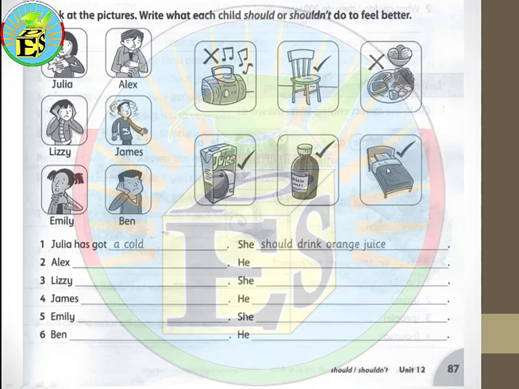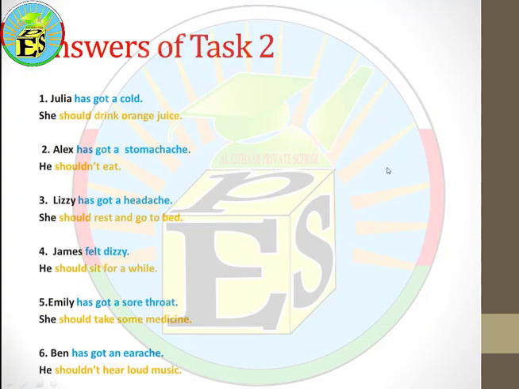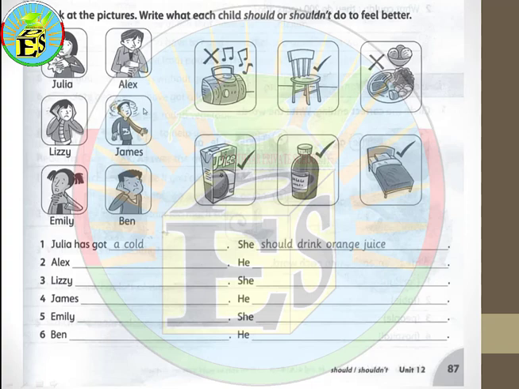This one here. Number 4. James feels dizzy. He should sit for a while. This is James. So he should sit for a while.